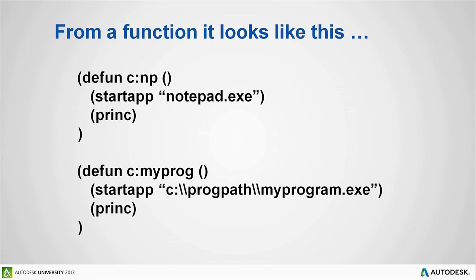But I write lots of utility programs that are not registered Windows apps. We just write them as little monolithic EXEs for database pinging or whatever it is that I need to do. In that case, I would have to include some sort of a path argument so that the function knows where the exe file resides.